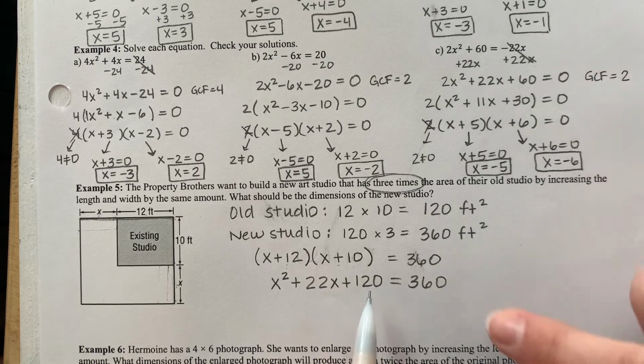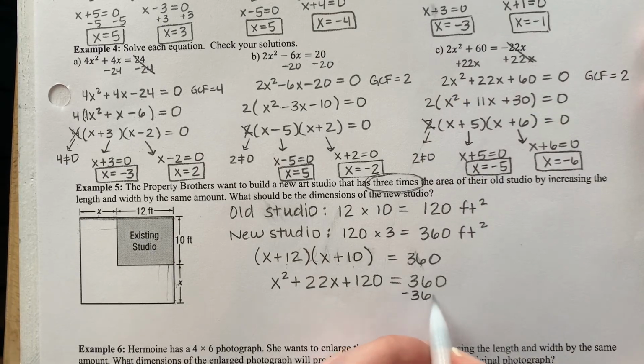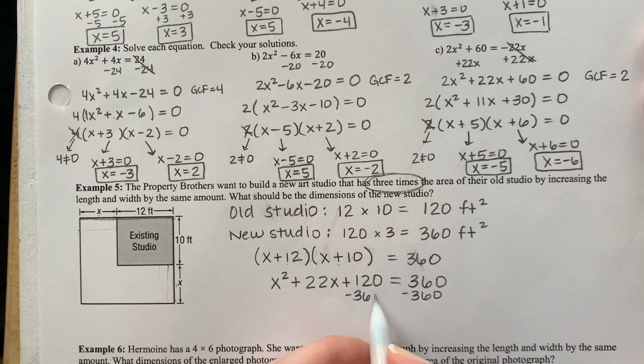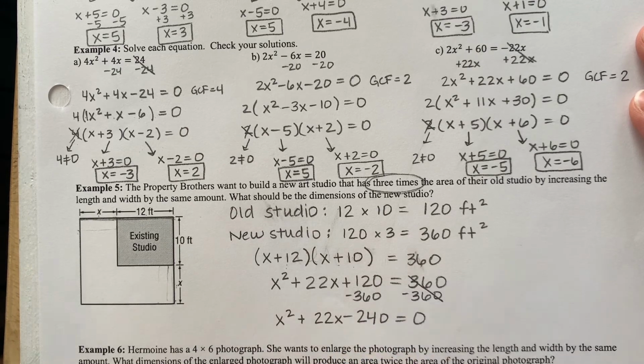Now we can follow the same steps that we did up here to solve for the new dimensions. So our first step is to get it equal to 0. So we have x squared plus 22x, and this is going to be minus 240. Now we're equal to 0. I check for a GCF, but I do not have one.